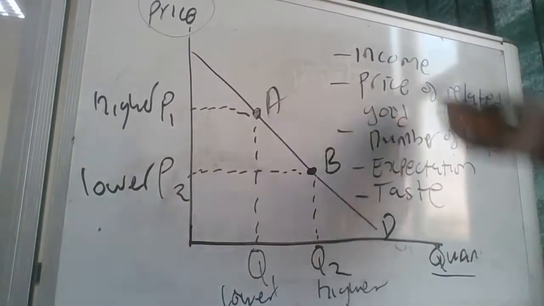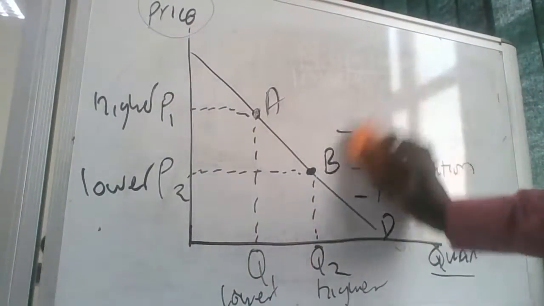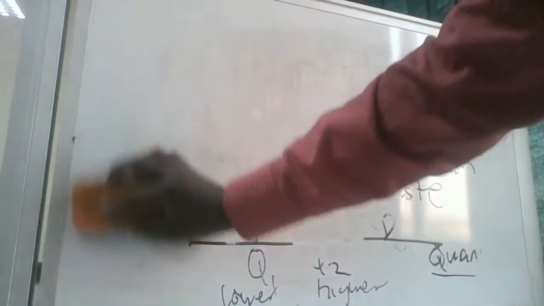Okay, so this is the demand curve. We can also show the same relationship using a demand schedule. Now, a schedule is simply a table that shows the relationship between price and the quantity demanded.